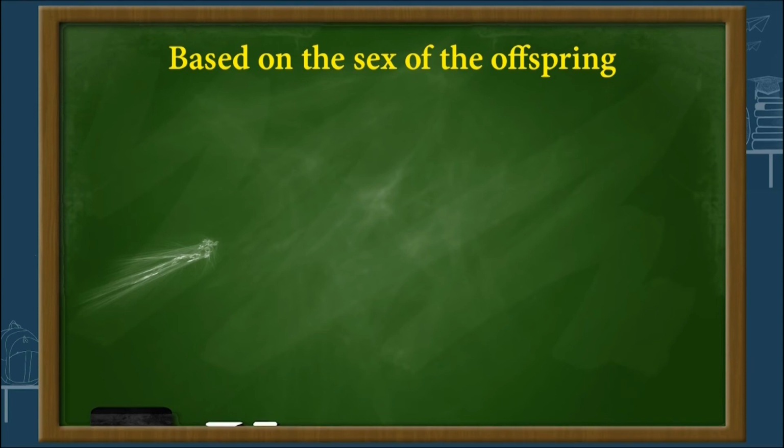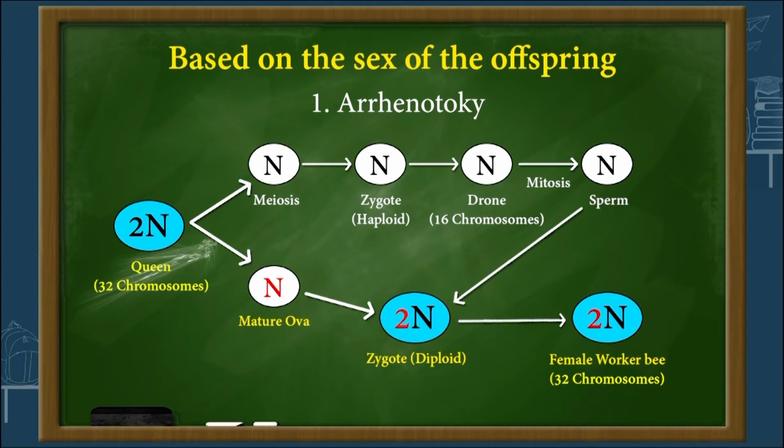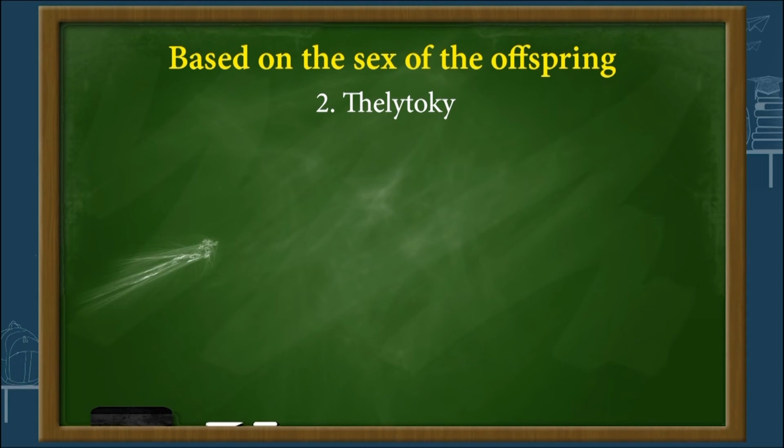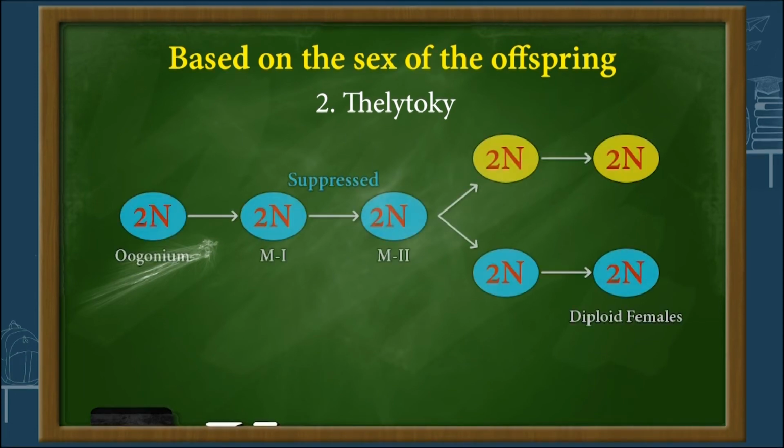Now based on the sex of the offspring, they can be classified into arrhenotoky, where only male parthenoids are produced. The best example comes from the honeybee. The second type is thelytoky, where only female parthenoids are produced.